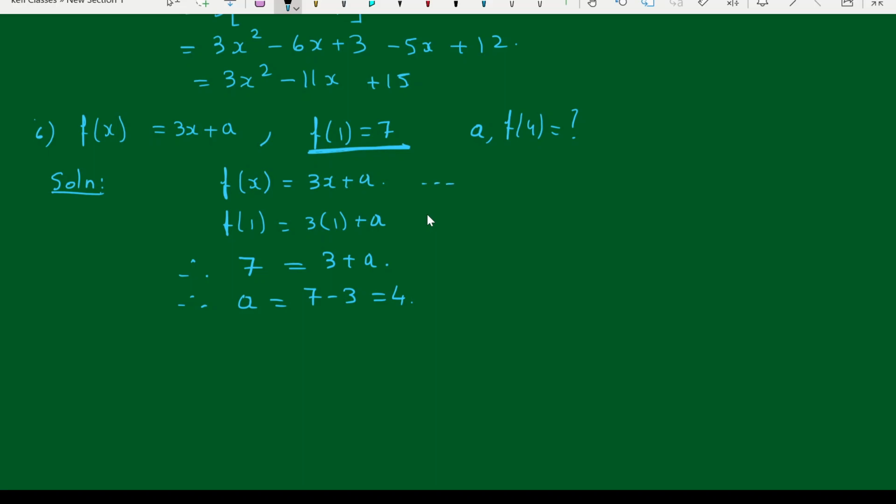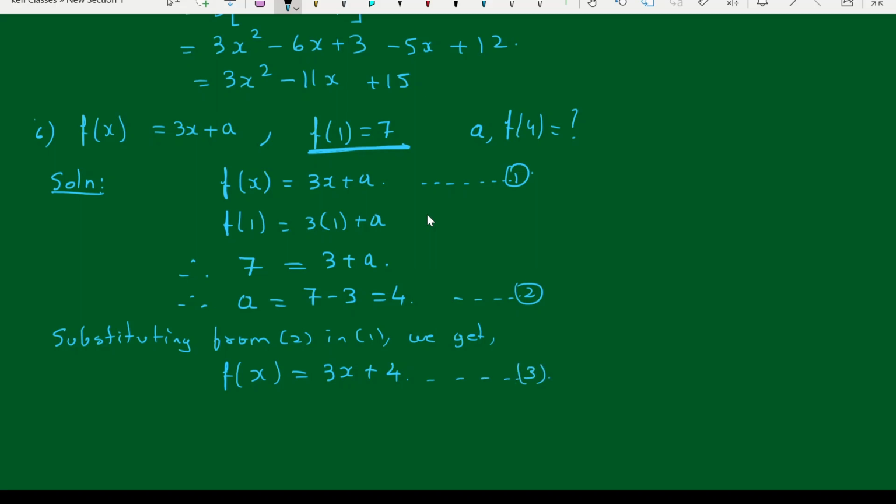So now the only thing is we'll call this above equation 1. This one we will call as 2, and then substituting from 2 in 1 we get f of x is equal to 3x plus 4.